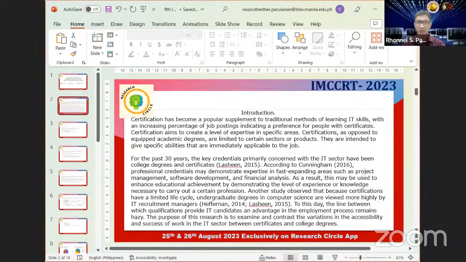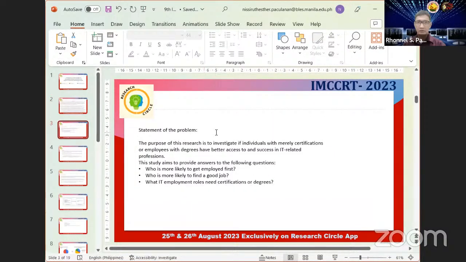To this day, whether certification provides IT candidates an advantage in the employment process remains hazy. So the purpose of this research is to examine and contrast the variation in the accessibility and success of work in the IT sector between certification and college degree. The statement of the problem is to investigate if individuals with merely certification or with degrees have better access to IT-related professions.